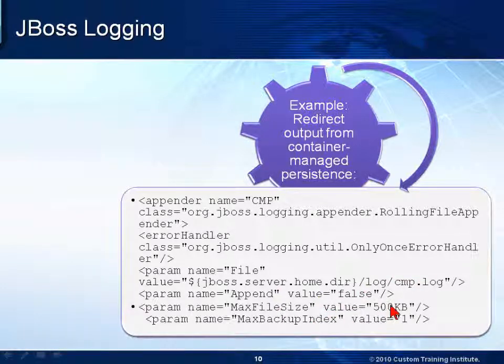Maximum file size is 500K, and don't append the data. We are arbitrarily defining the name of the file and the maximum file size and all that sort of stuff. So it's up to us to define these appenders. So you can see that we have some flexibility here.